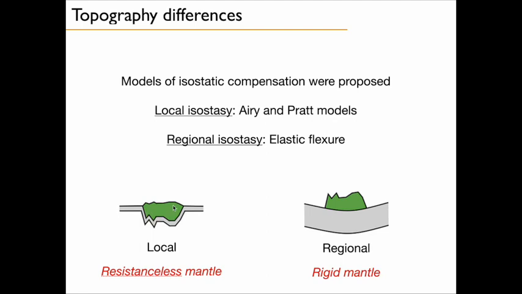If you thicken the crust locally, then the mantle below is deflected without resistance. But if you load a plate which is elastic, which has a certain thickness and strength, it will bend, and this bending will have a non-local effect. So that would be elastic flexure.